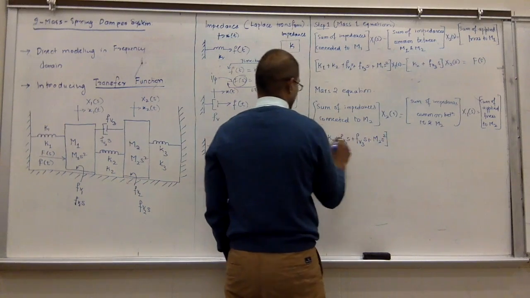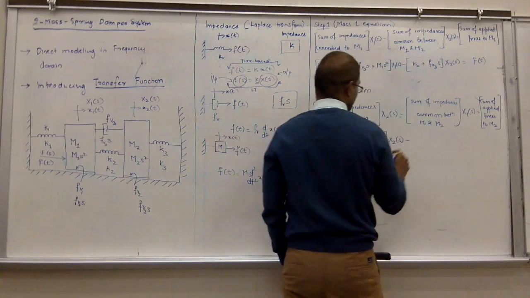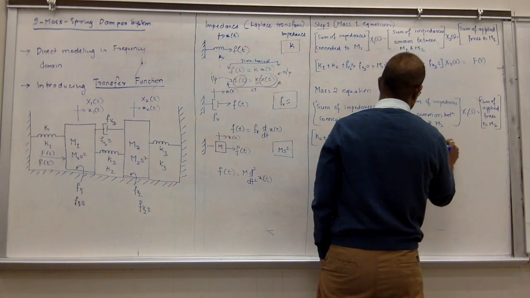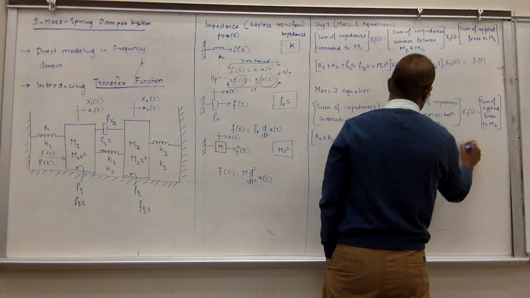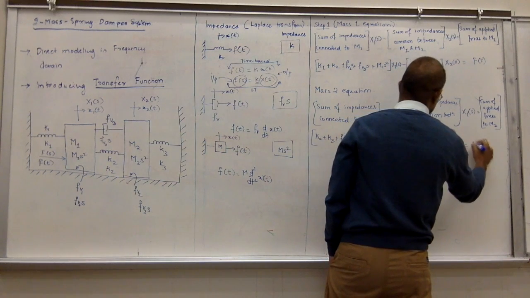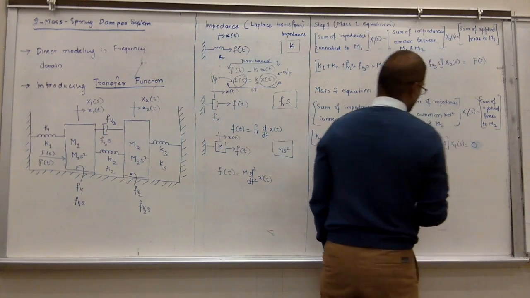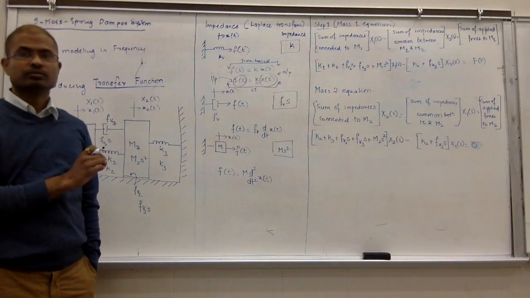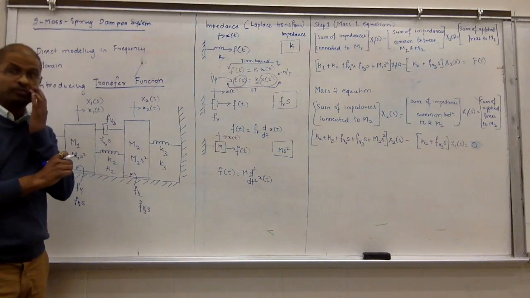This whole thing into X2 of s, minus, this will remain the same, K2 plus f_v3 s into X1 of s is equal to 0. You understand why this is 0? There's no force applied to mass 2.